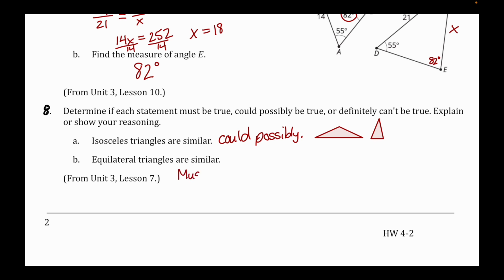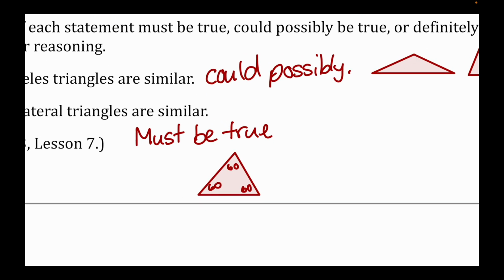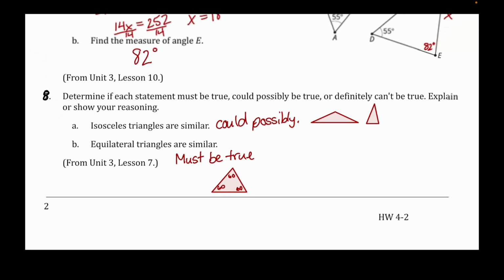Must be true. And we also know that all equilateral triangles have angles of 60 degrees all around. All the sides are the same and all the angles are the same. And so these would all have angle similarity with each other. They would have to be true.